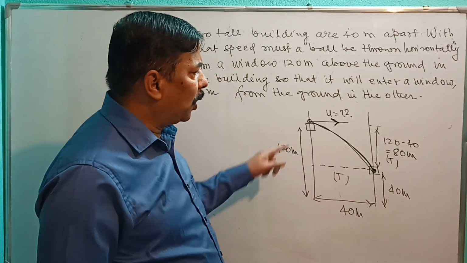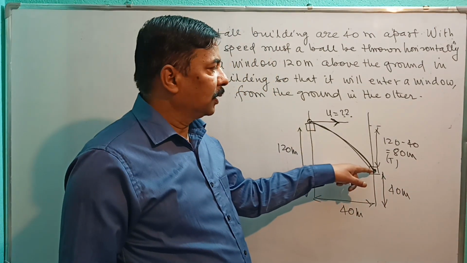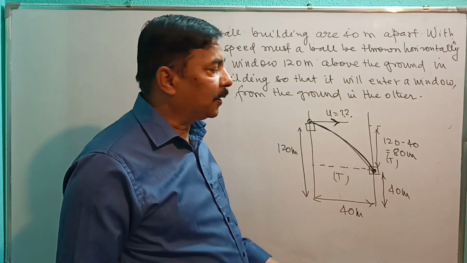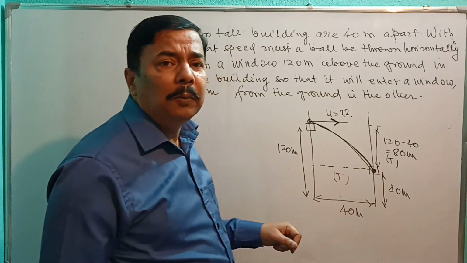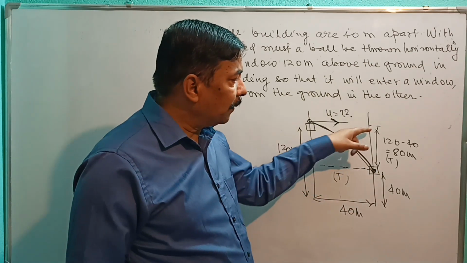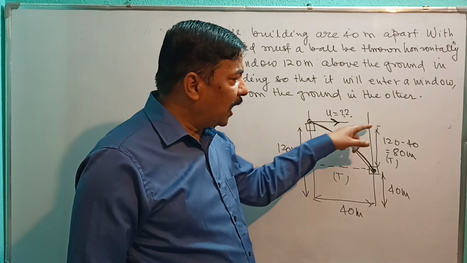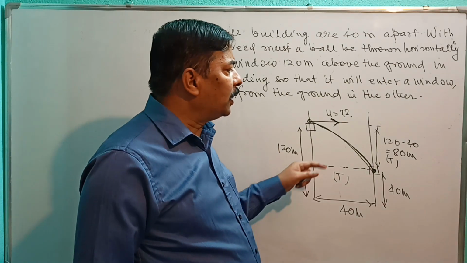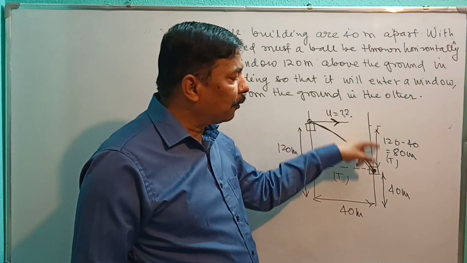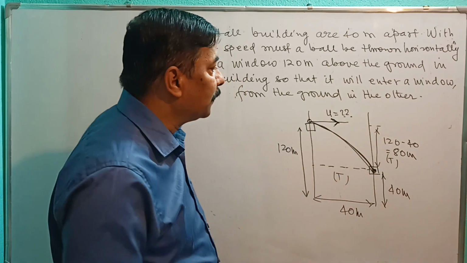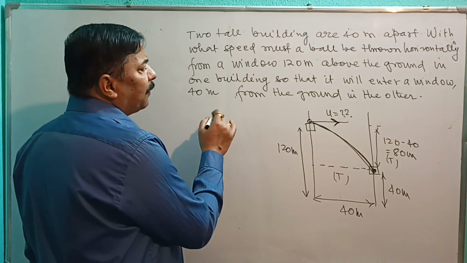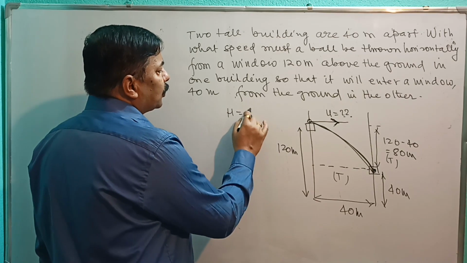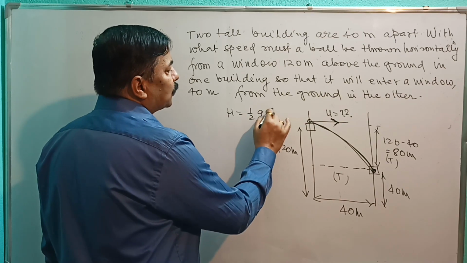In the time the ball has reached here, it has fallen a vertical distance of 80 meter, and then it is able to reach the window. So if I want to calculate the time it has taken in falling the vertical distance of 80 meter, for vertical motion, h is equals to half g t square.